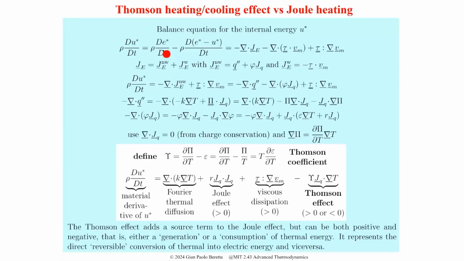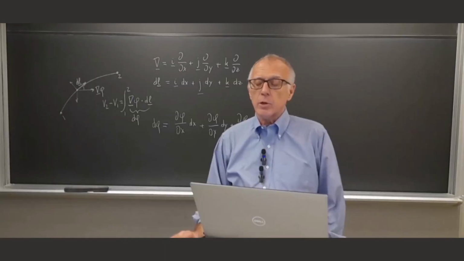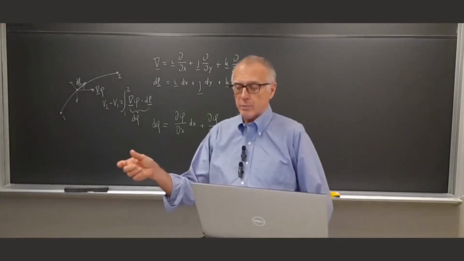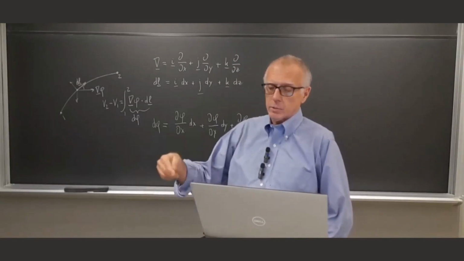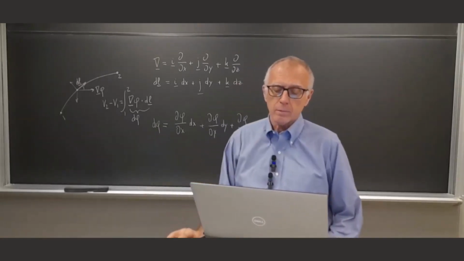And today, in one of the previous slides, we've done the difference between the energy and the internal energy, which is all those terms, kinetic, potential, and so on. So in order to obtain a balance equation for just the internal energy, you have to subtract from the energy balance equation the balance equation for the non-thermal aspects, so for the mechanical aspects like the kinetic, the potential, and the electrical.